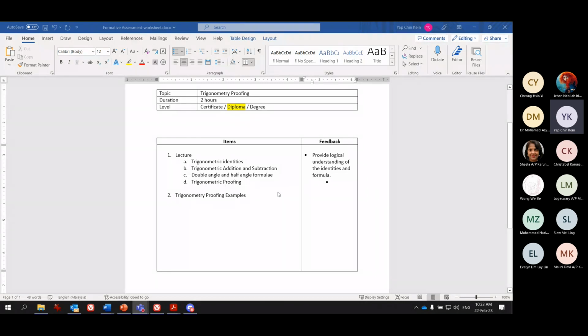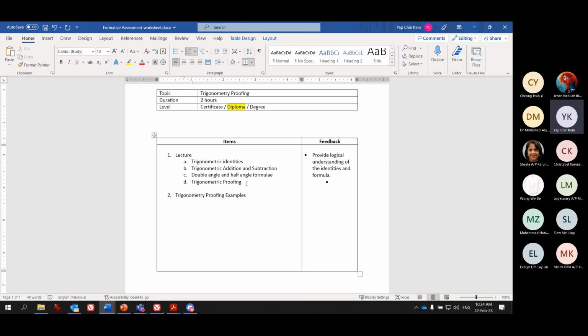In other words, this is one of the advanced topics for trigonometry, whereby a lecture will be given to teach what the identities of trigonometry are, what the addition and subtraction methods are, followed by double angle and half angle, and lastly trigonometry proofing, which is using all the three subtopics on top in order to prove that one expression of trigonometry can be changed into another expression, thereby proving that one function of trigonometry can be equivalent to the other.